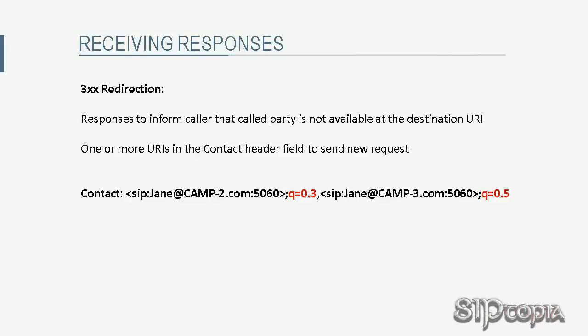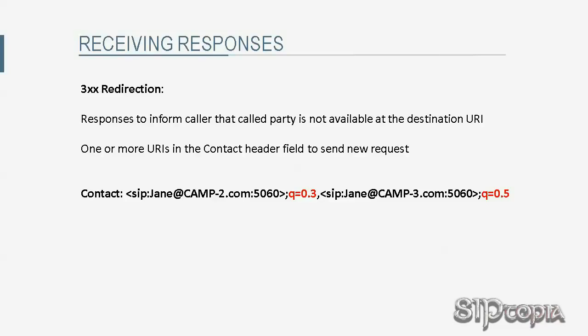The caller can choose to send new requests to any of the URIs in the Contact header field. The caller can send the requests out serially, in any order desired, or in parallel with multiple requests to different URIs at the same time.